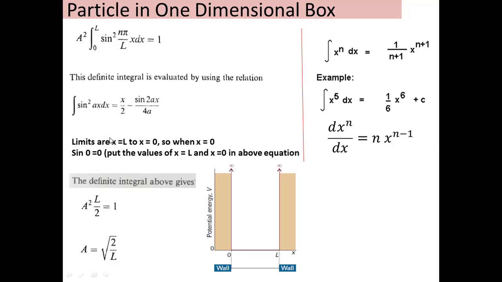Whenever you express the limits on the integration sign, it goes from the low limit to the high limit, so from 0 to L. You have to subtract, so the first will be the higher value and the second will be the lowest value.